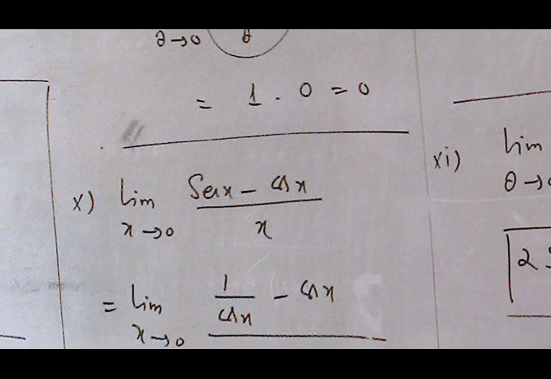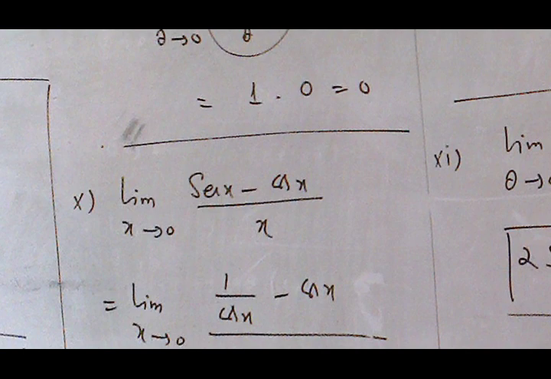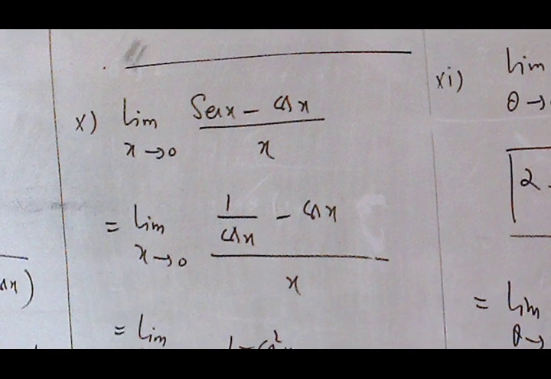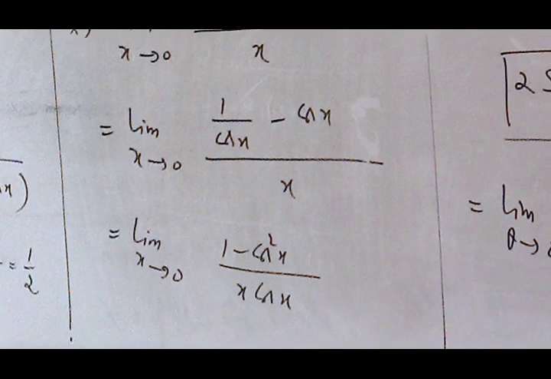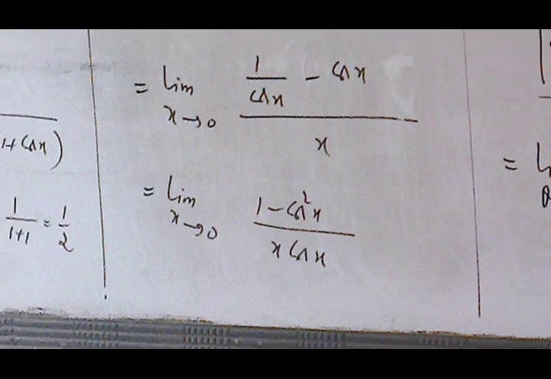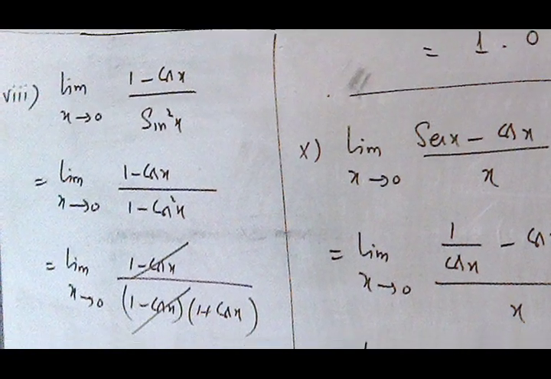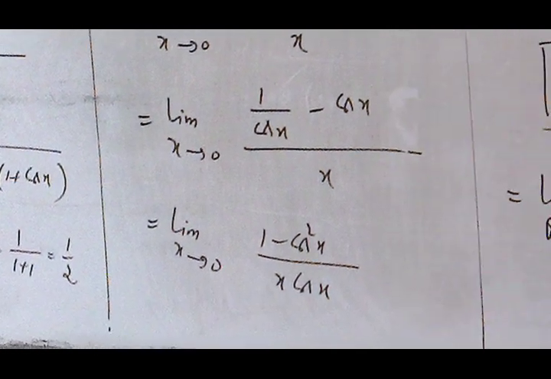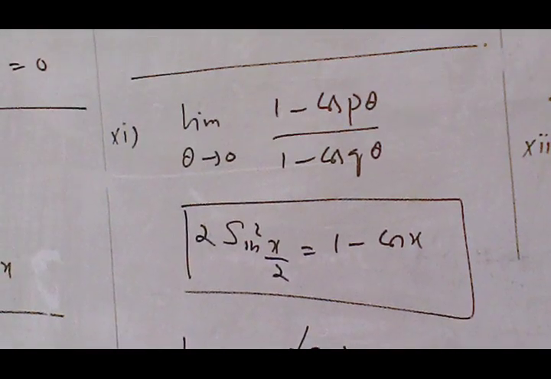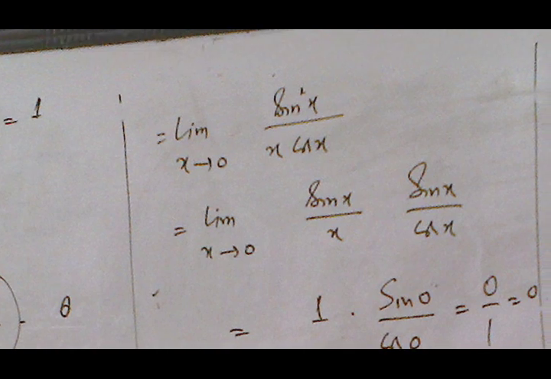Secant x minus cos x over x. We write secant as 1 over cos x. Taking LCM, 1 minus cos square over cos, the LCM moves to the denominator. And 1 minus cos square is equal to sin square.